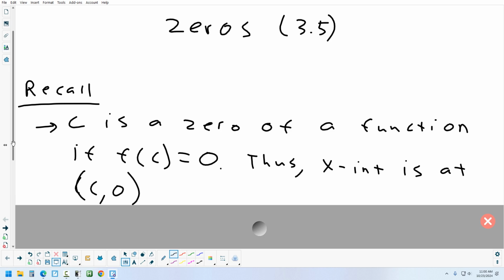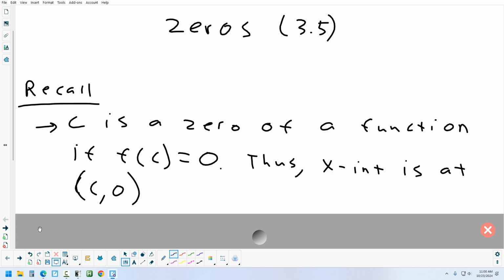So remember that if a number is a root, that number tells you where it crosses the x-axis if it's a real number. So like if I had a problem like f of x equals 3x minus 6, the root there is 2, because if I plug in 2 for x, I'll get 0 for the answer.